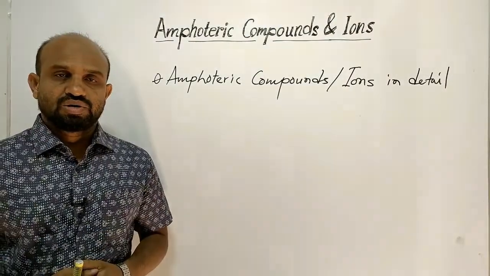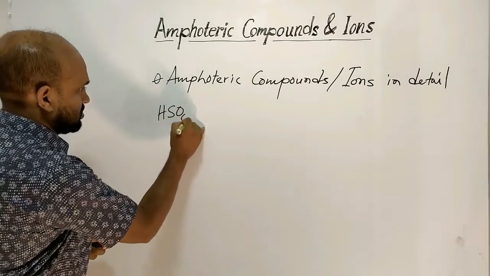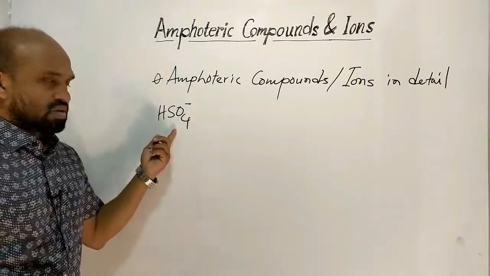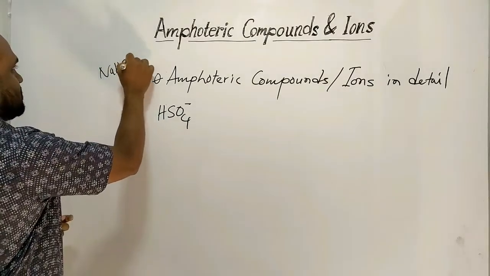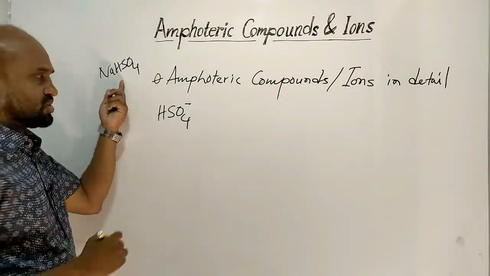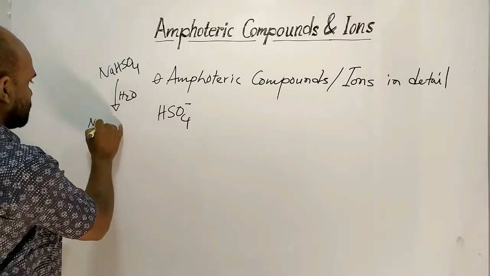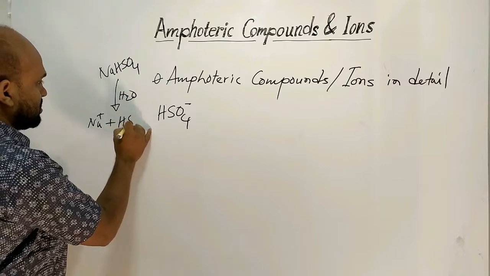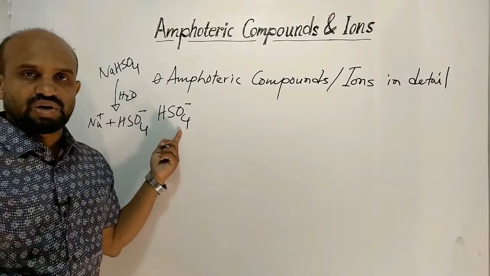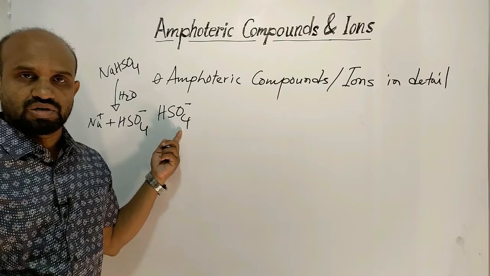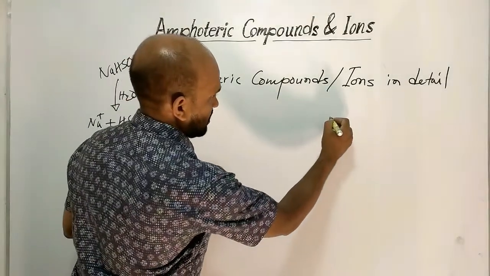Now let's see bisulfate ion. When sodium bisulfate, an acidic salt, is added to water, it ionizes to sodium ion and bisulfate ion. Let's see now whether this bisulfate ion is amphoteric or not. Let's see the structural formula of bisulfate ion.